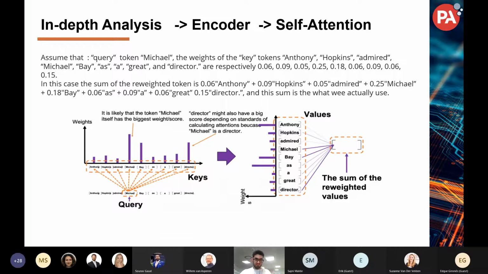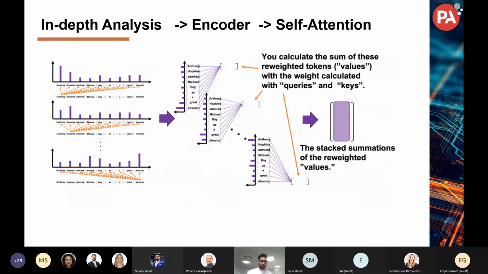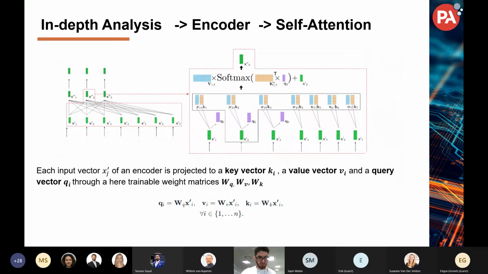we do this for every different query, so every different word in the sentence, and at the end, you basically repeat the whole process and you get a stacked summation of the reweighted values. The stacked summation goes back to the original image.